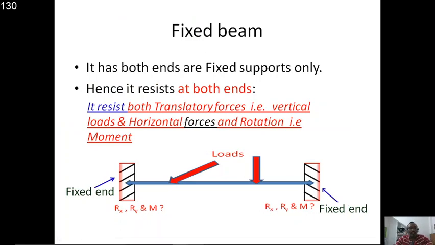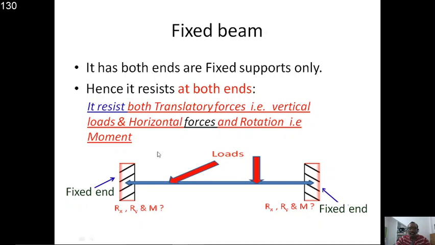If we have fixity at both ends, that means both ends are fixed, then that beam is known as a fixed beam. So it can resist horizontal forces, vertical forces and moment at both places.